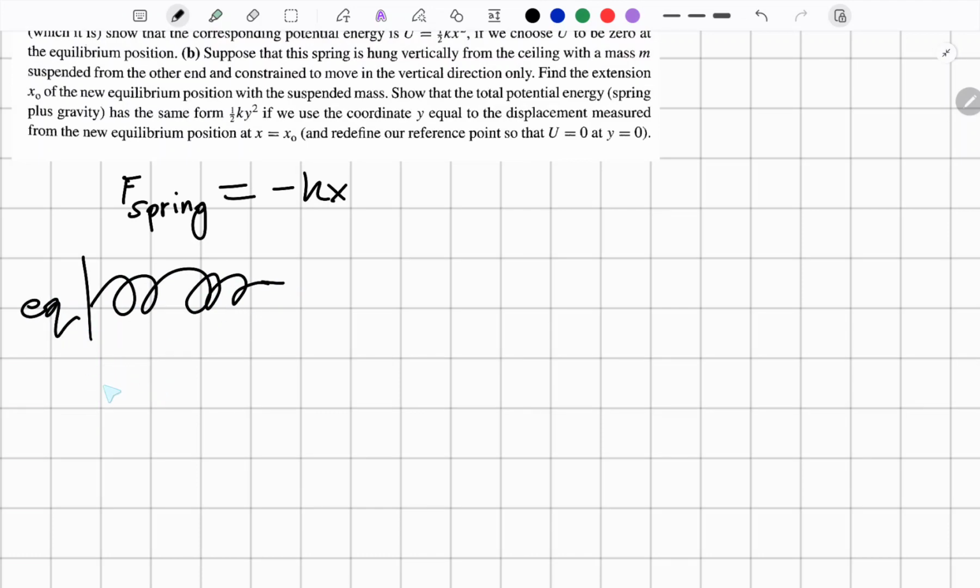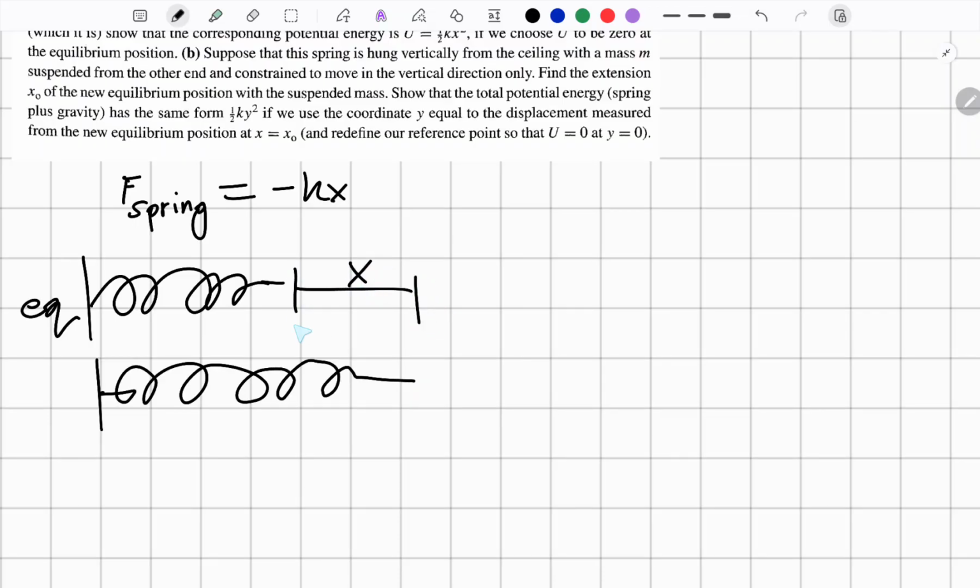That's our equilibrium. And we're going to have another spring that's displaced and somewhat stretched out. And the distance between the two is our x value. So that's the amount we're stretching the spring.